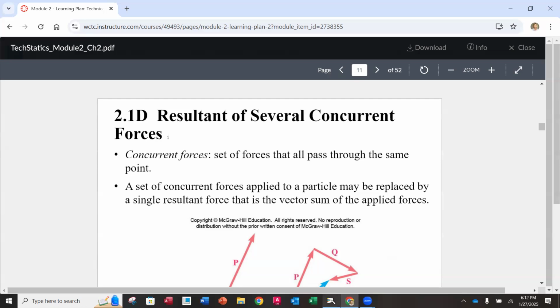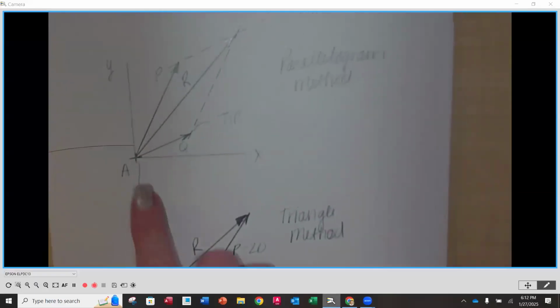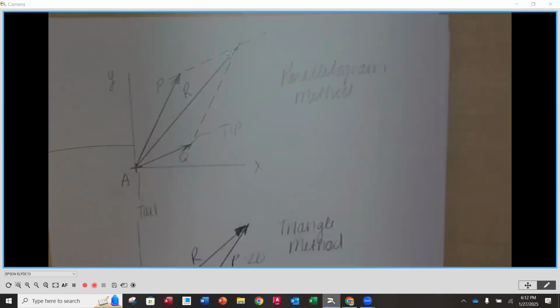So for instance, if I go back underneath here, Q and P are concurrent forces because they all share a common point A, okay?